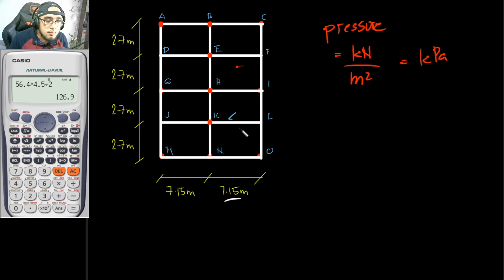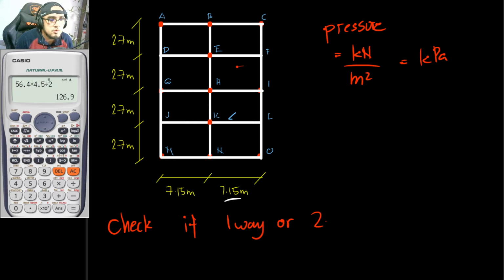Kapag one way, pwede natin gamitin yung tributary area method, pero pag two way kasi medyo mas mahirap na siya. So anyway, let us check if one way or two way.